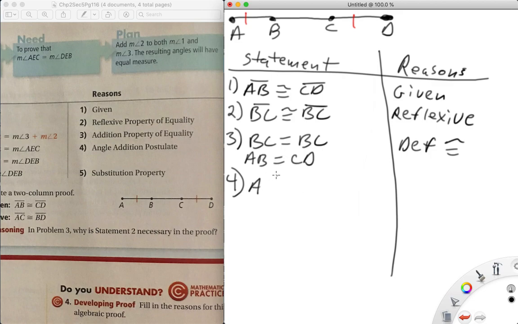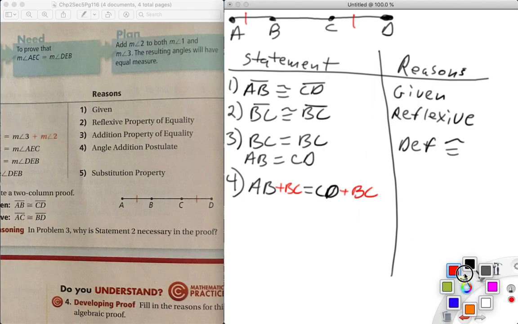So we can say that segment AB plus BC is equal to segment CD plus BC. And we do that by using the segment addition postulate. I added BC to both sides, the equal sign remains true.